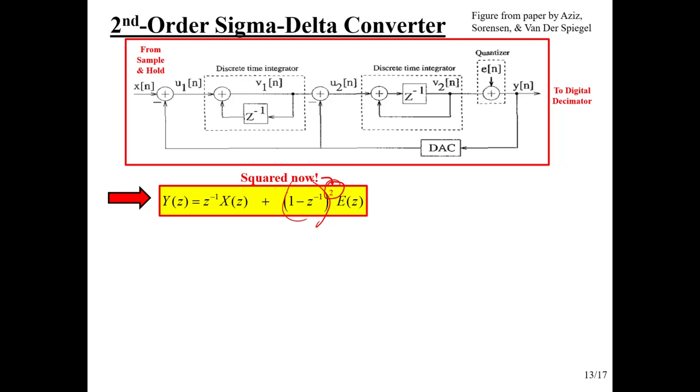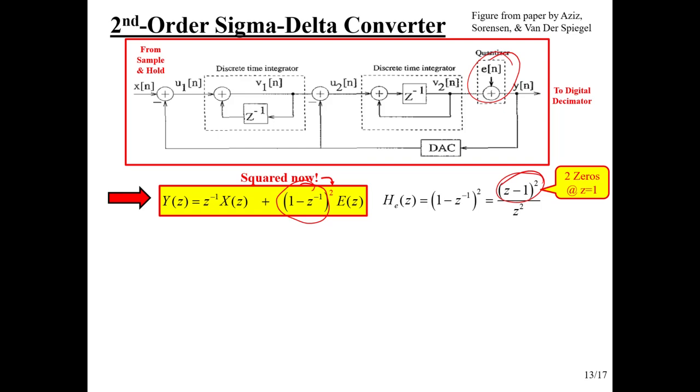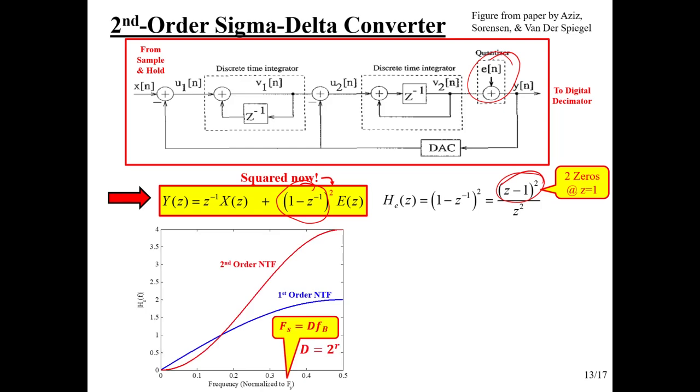Second order is just two of those applied in cascade, essentially. Two of these things applied effectively to the noise. Now we have two zeros at Z equal to 1, and we have even more attenuation at the low frequencies. Remember, our signal is going to be down here. So that's good.